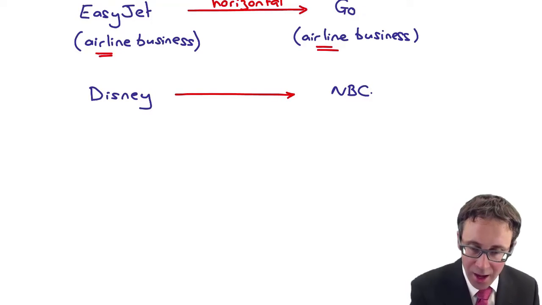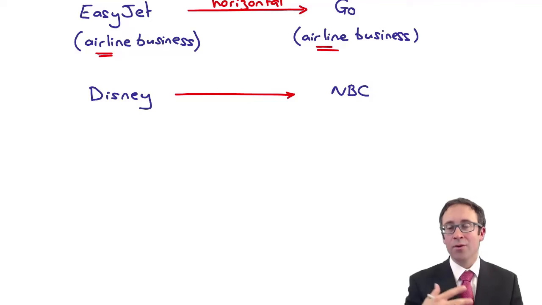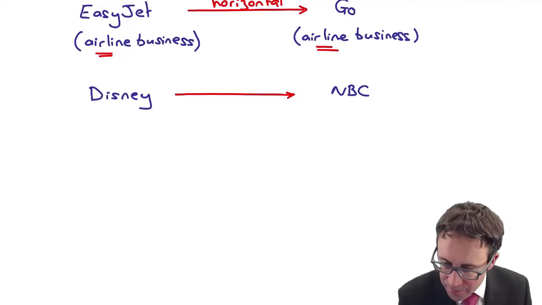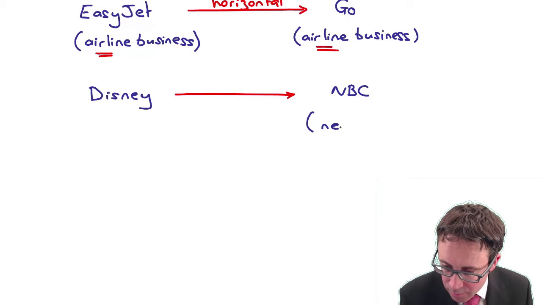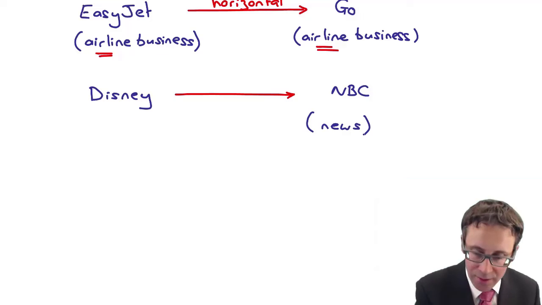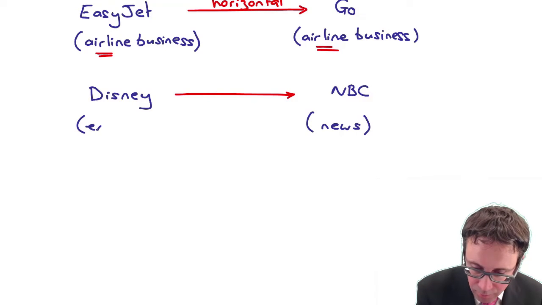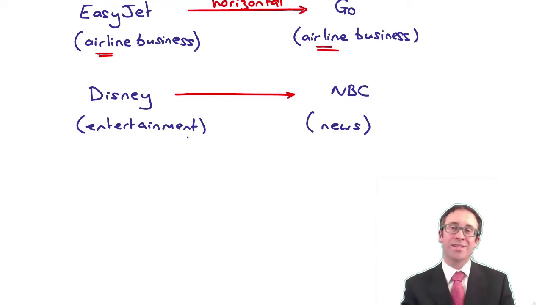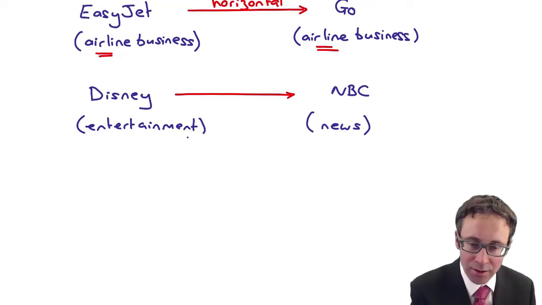Okay. Key bit there is they are in totally different businesses. Again, NBC, that's all about providing news, isn't it? Disney is all about providing entertainment, whether that's films or theme parks.